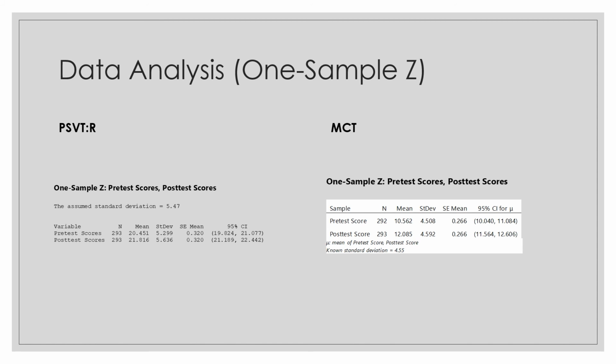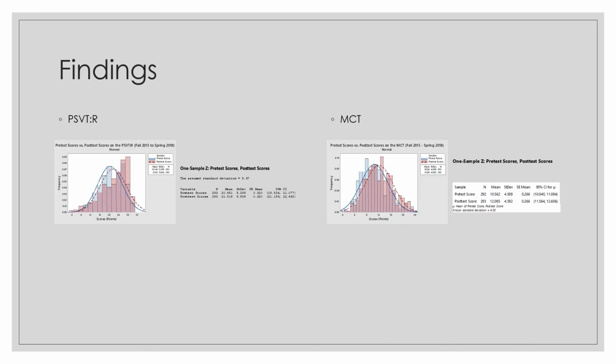We could be 95% confident that the mean score for the pre-test is between 19.8 and 21.1 less than the mean score of the post-test. And for the Mental Cutting Test, it's 10.0 to 11.1. So to continue the findings, we have the dependent sample.